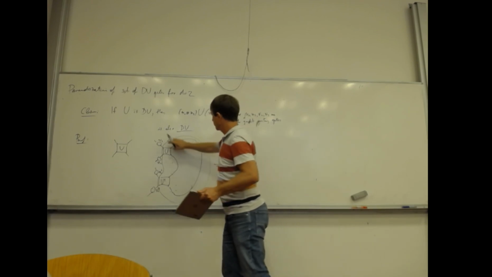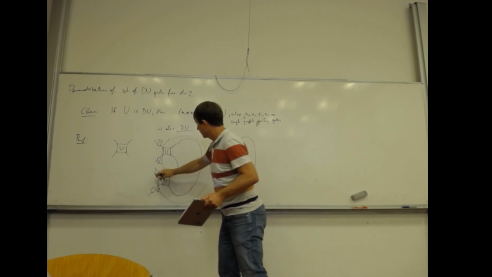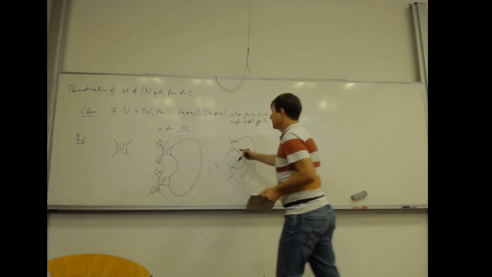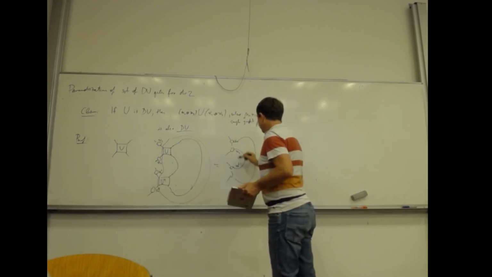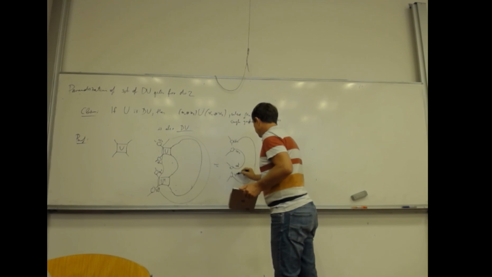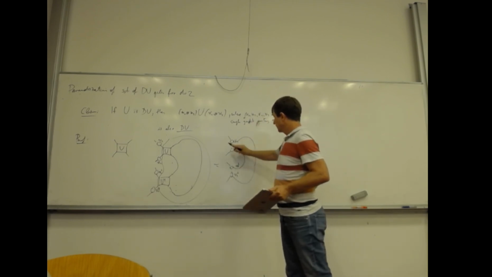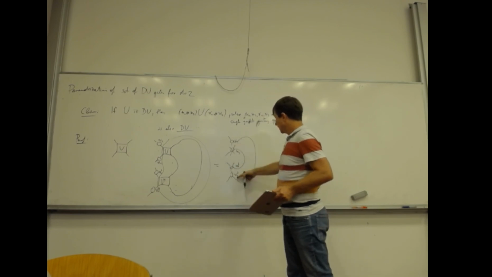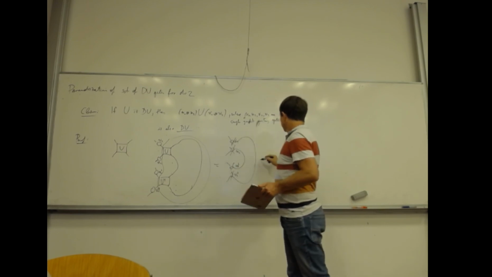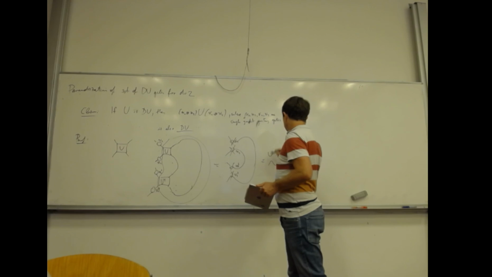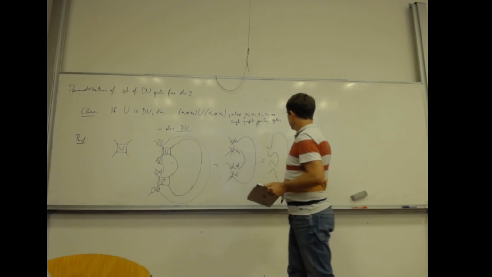We just forget about this, but still we have to put this wire across this one. Okay? This is U1 dagger, this is V1, and this is V1 dagger. And again, U1 hits on U1 dagger, it annihilates, and V1 hits on V1 dagger, it annihilates. So basically what we have is this. Okay?